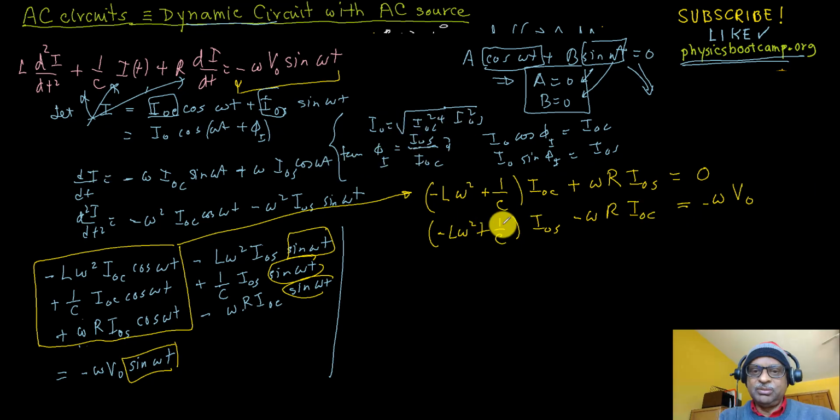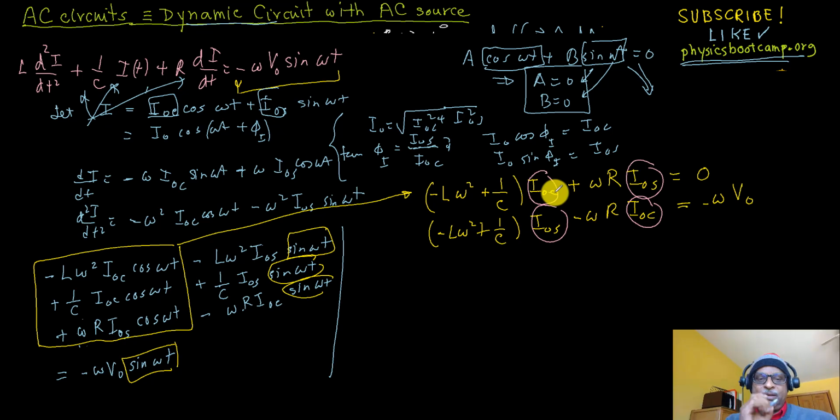So now it's basically two equations, two unknowns. The unknowns here are just these guys. So you can see many different strategies. Let's call this guy A, so this is A I0c.